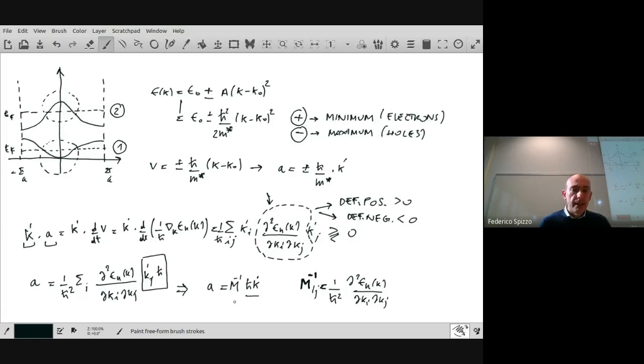So the idea is, depending on the direction of motion of the electron or of the hole, or in general of the level you consider, the effect of the lattice on that level may change. The lattice interacts with the electron, and the effect of the interaction is included in that matrix.